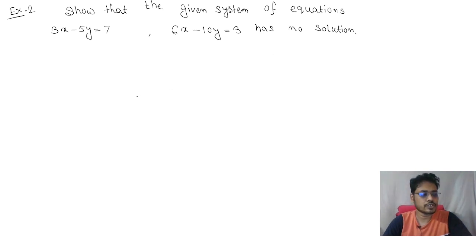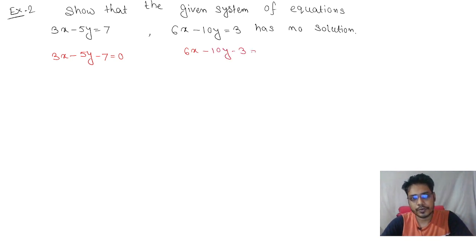If it has no solution, that means first we have to write in the form of a1x plus b1y plus c1 is equal to 0. So that means 3x minus 5y minus 7 equals 0, and we can write 6x minus 10y minus 3 is equal to 0.